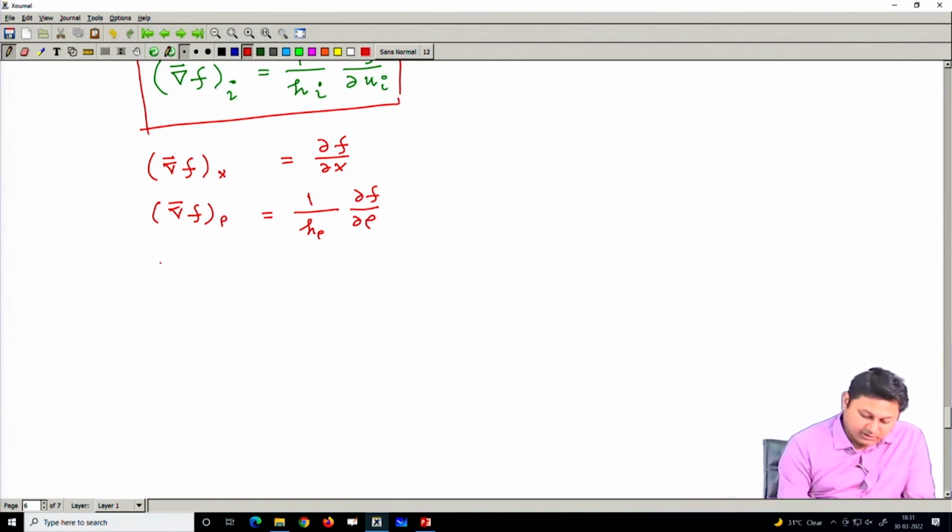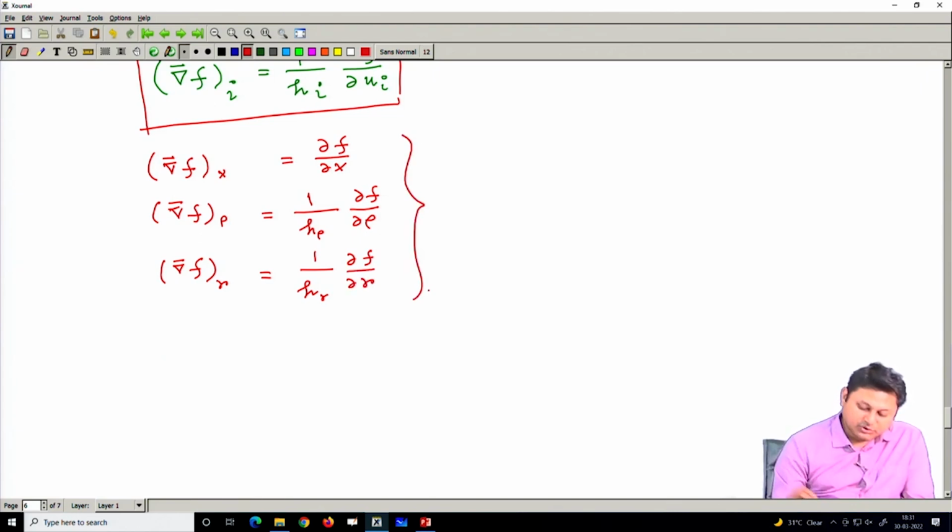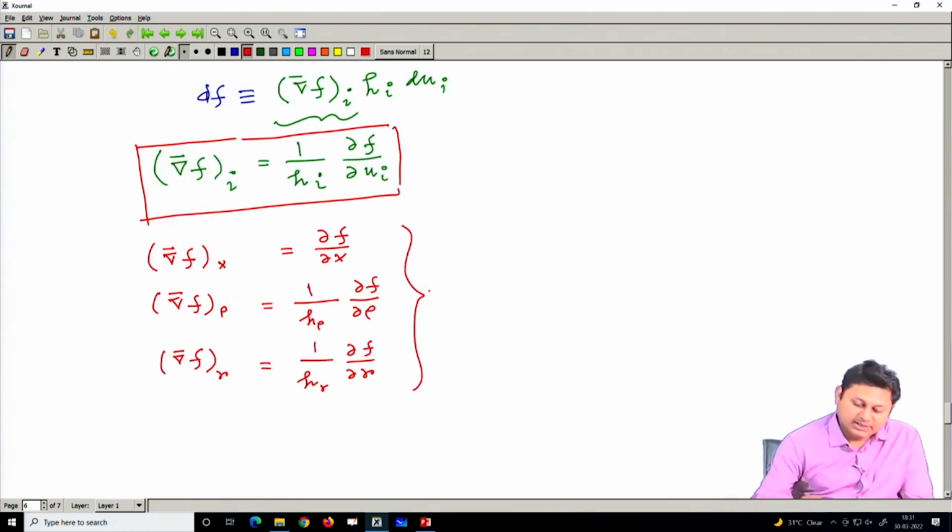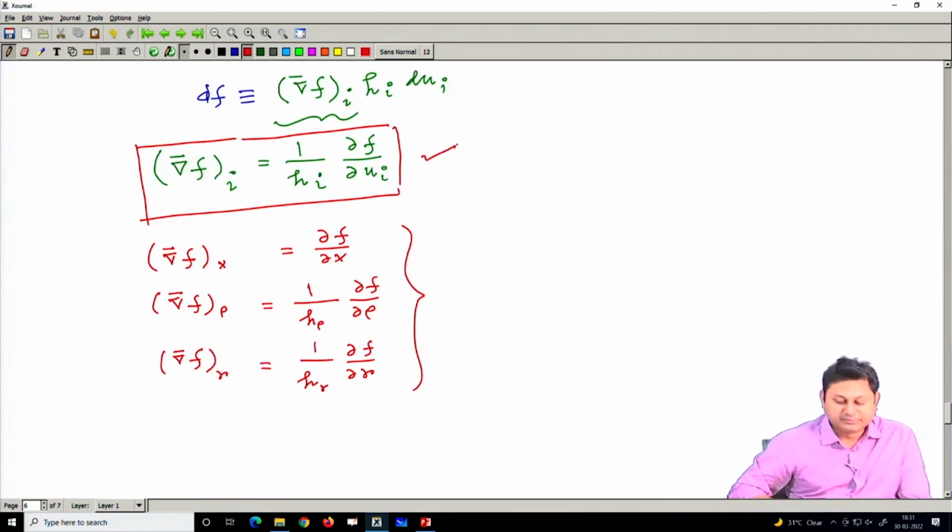In a similar way, for the spherical coordinate system, I need to find the scaling factor Hr, and it should be del f del r. So, this is the way we should proceed, but you should remember that the general form is this one.